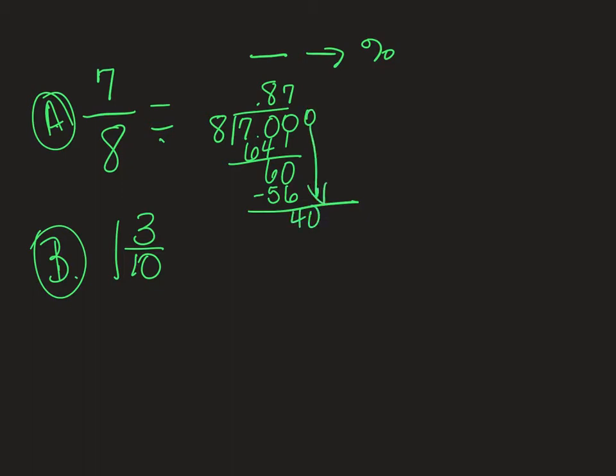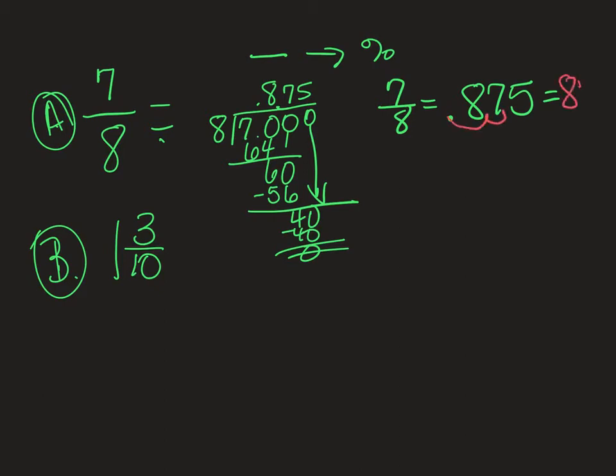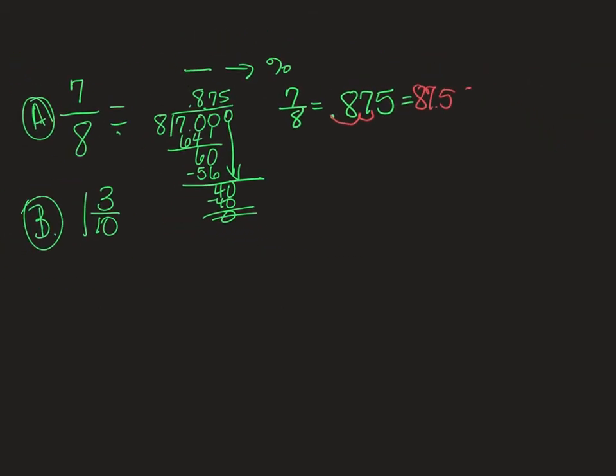Annex another 0. And then, of course, 5 times 8 is 40, which is 0. So now you can say that 7/8 is equal to 0.875. And then we want to change that to percent, correct? So here's my decimal. And I'm going to move it to the right 2 places. Bing, bing. So my answer is 87.5%.